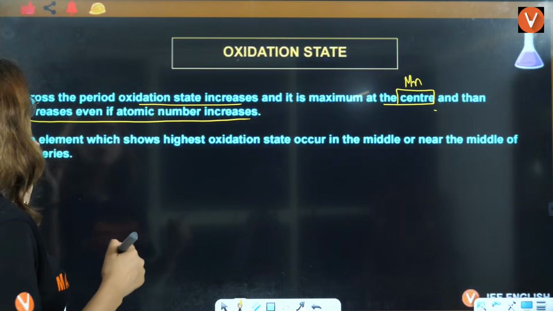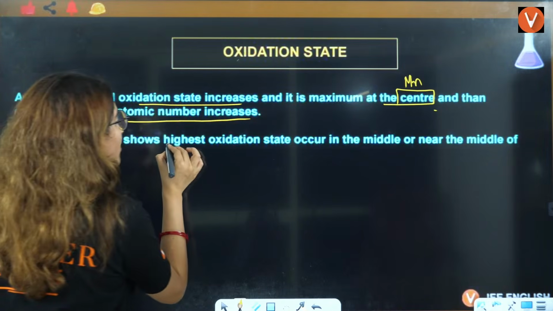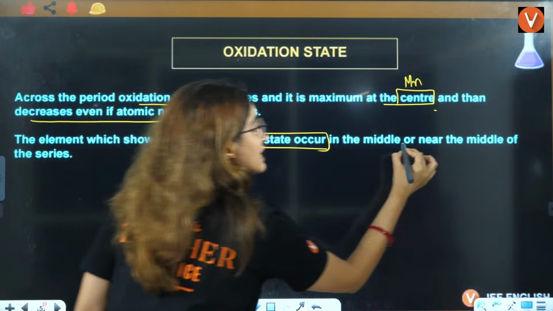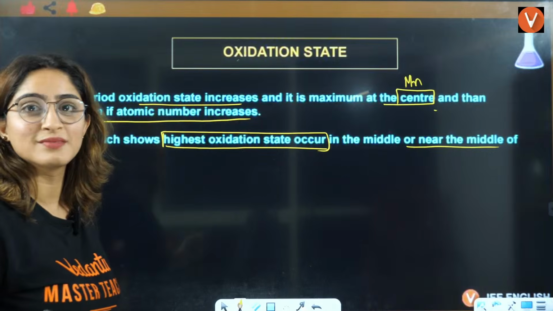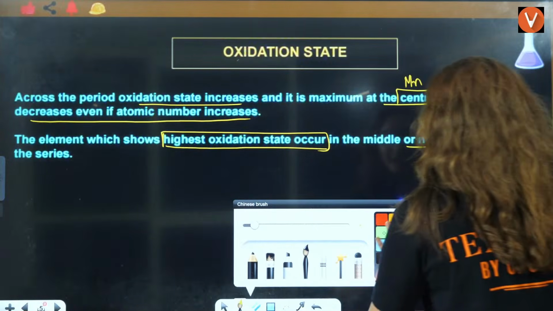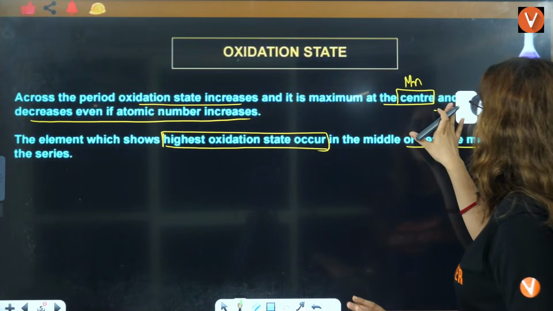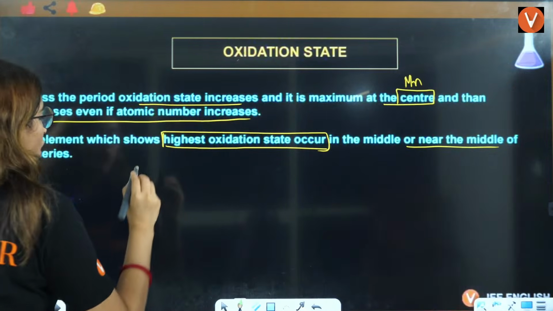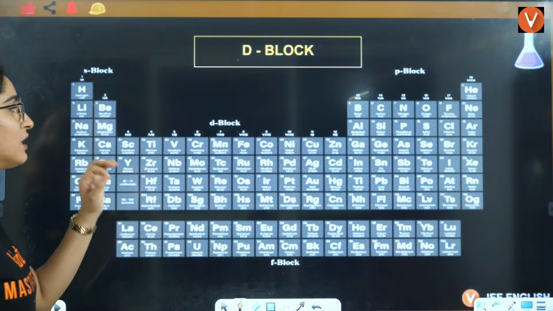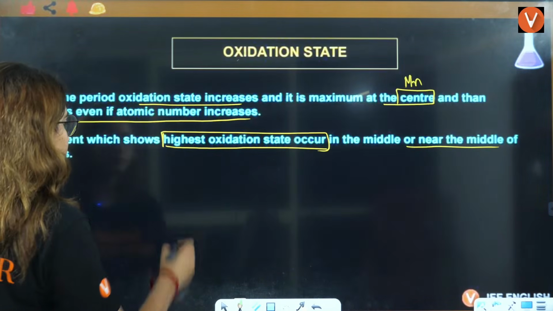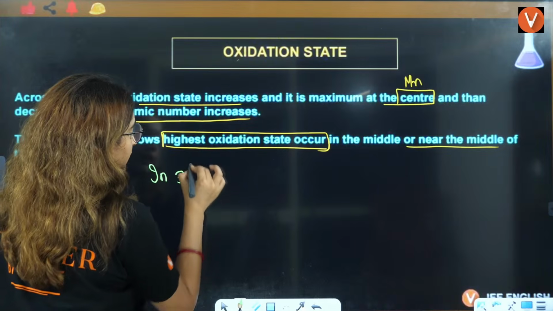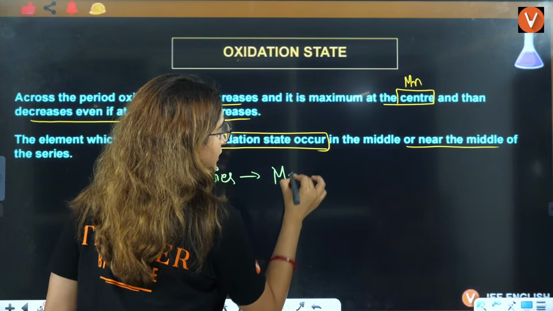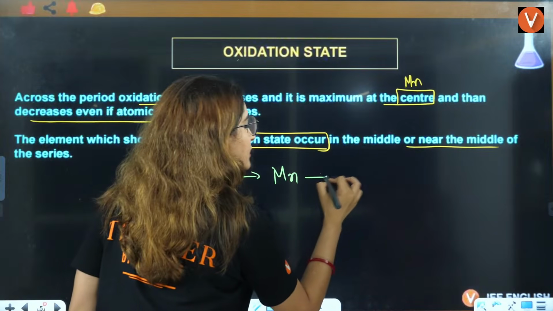Now, why is it so? The element which shows the highest oxidation state is in the middle or near the middle. Now, this question they can ask you: which of the following shows the highest oxidation state? The highest oxidation state in the 3d series is shown by manganese, and that is +7.